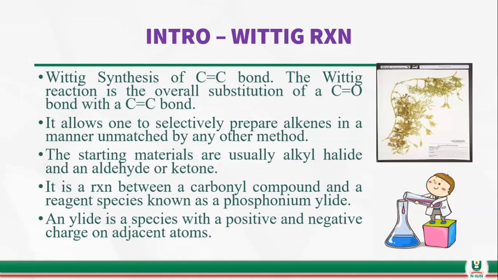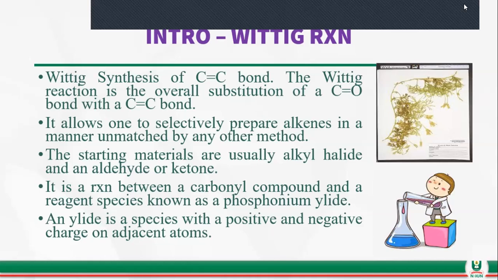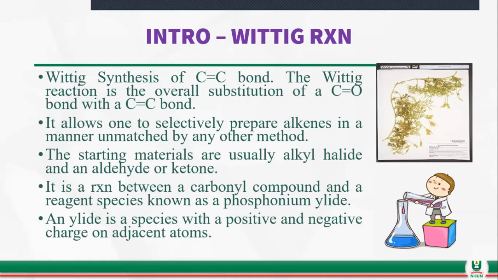It is so easy and so cheap because immediately the Wittig reagent reacts with a carbonyl compound, either aldehyde or ketone, the oxygen on that carbonyl will go away to link and bond with the phosphorus of the Wittig reagent, while the carbon that is directly linked to the phosphorus will go and occupy the place of the oxygen to form an alkene. It allows one to selectively prepare alkene in a manner that is unmatched by any other method.